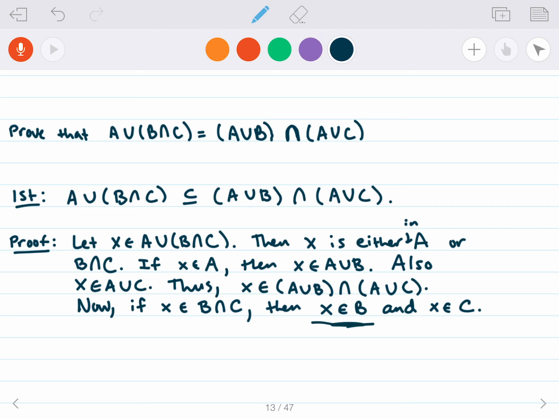Because X is in B, guess what? It's in the union of A and B, okay? Because X is in B, it's in the union. So let's write that.